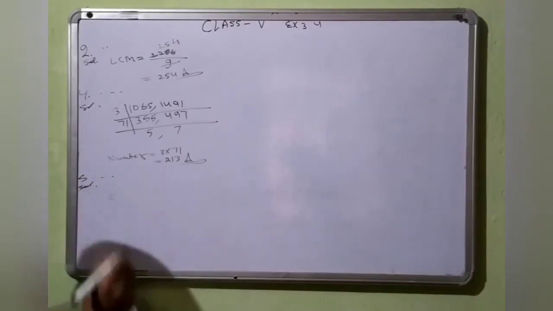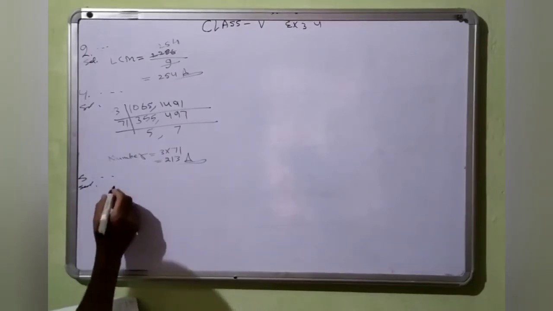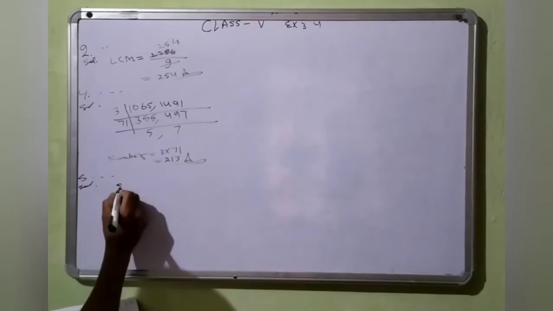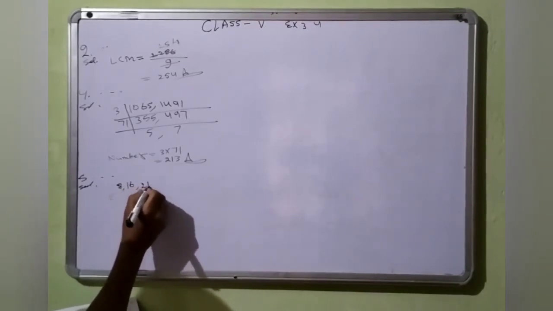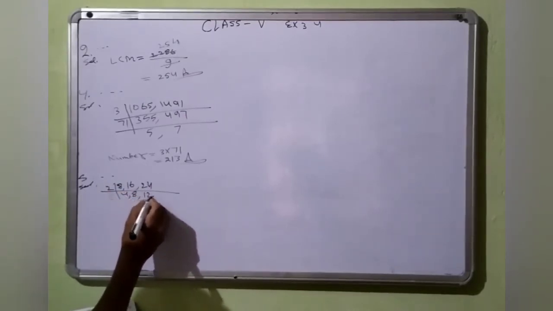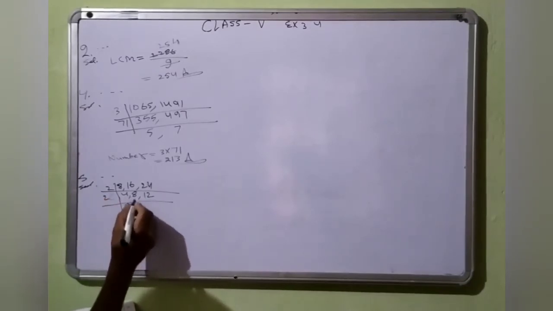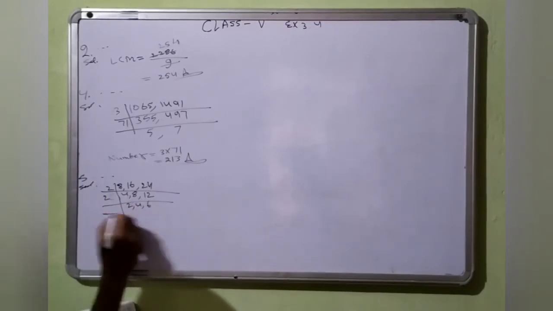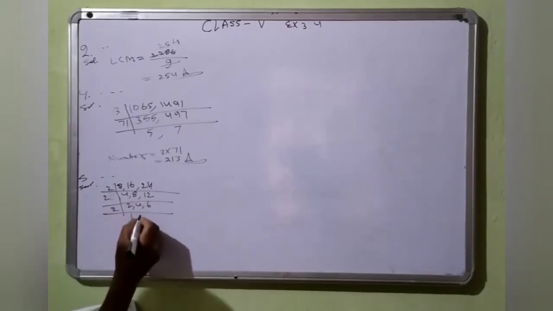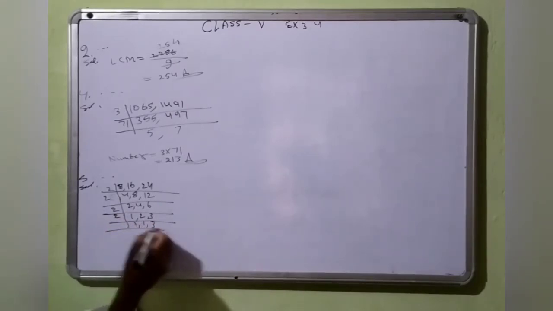So first of all we will find the LCM. 8, 16, 24. 2 fours are 8, 2 eights are 16, 2 twelves are 24. Again by 2, 2 fours are 8, 2 sixes are 12. By 2 again, 2 ones are 2, 2 twos are 4, 2 threes are 6. Then 2, 1, 3, by 3, 1, 1, 1.